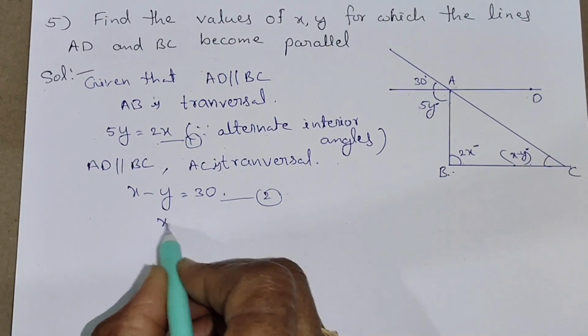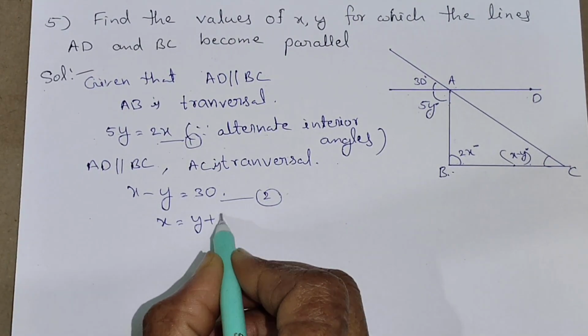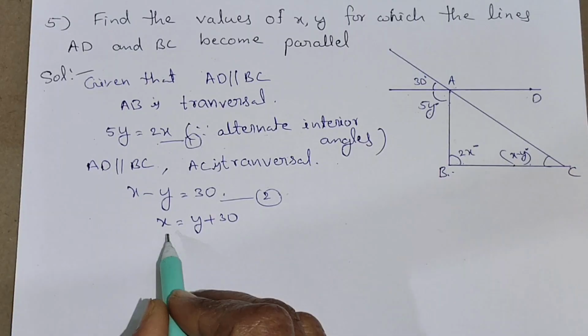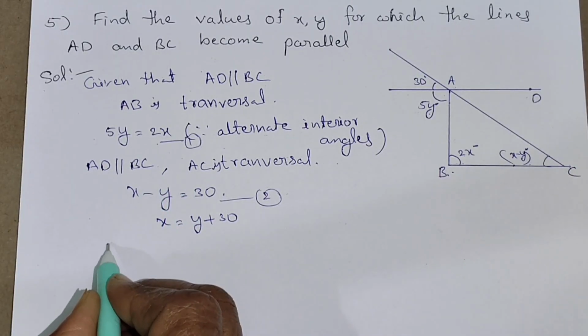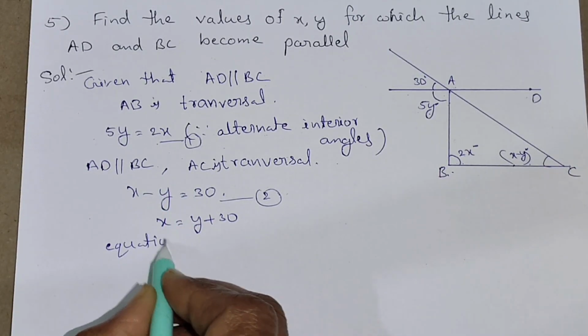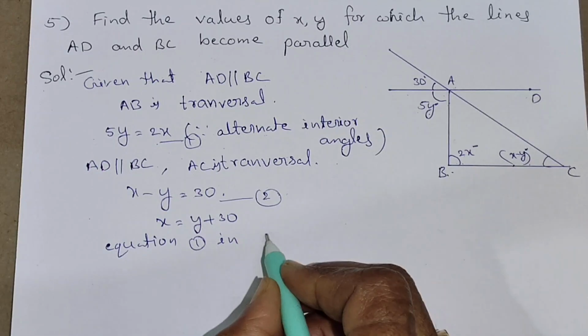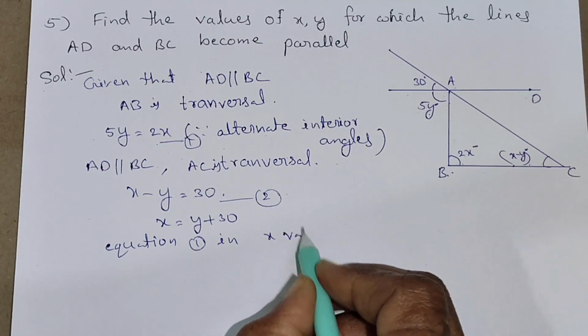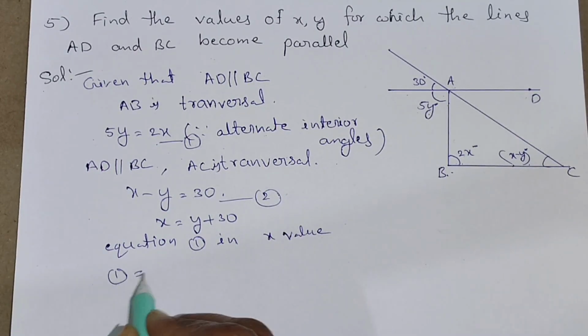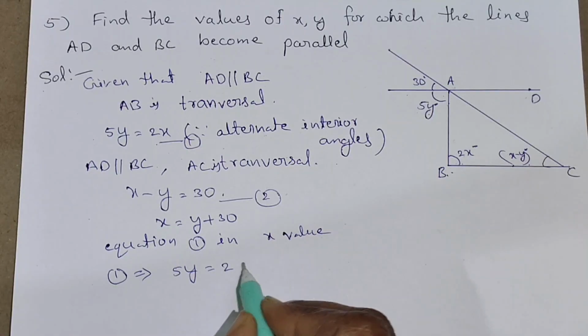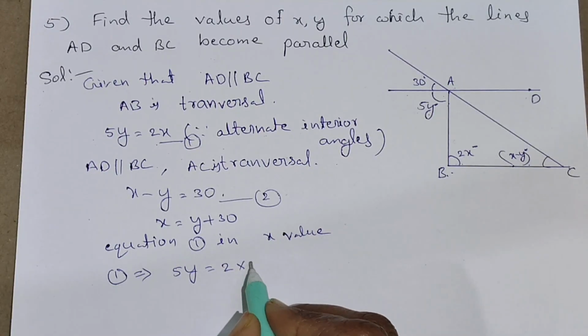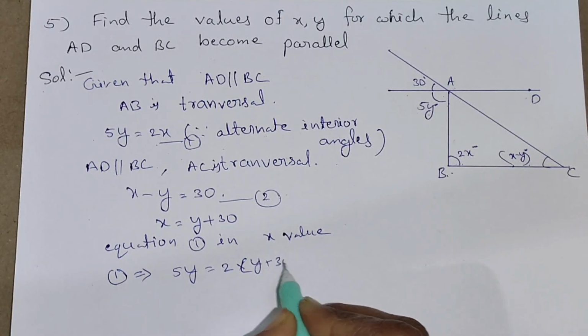So here x equal to y plus 30. Substitute this x value in equation 1. So 5y is equal to 2 into x, and x equal to y plus 30.